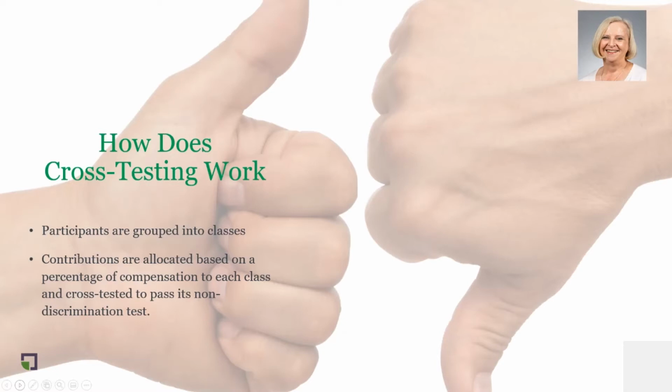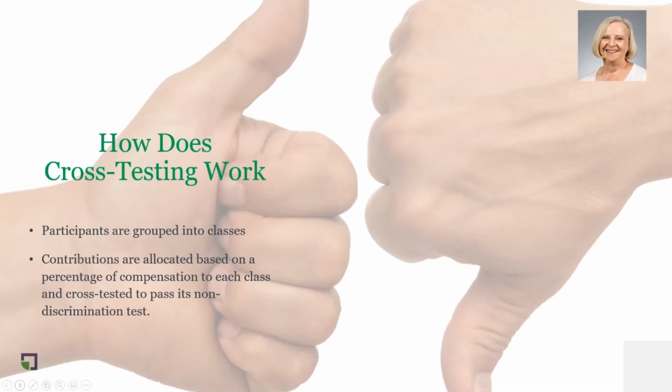First, your legal documents that govern your plan must allow for this type of allocation method. So contact your retirement plan consultant to determine if your plan has this feature already or if it needs to be amended to include it. If your document does allow for this allocation method, the next step is to group participants into classes.